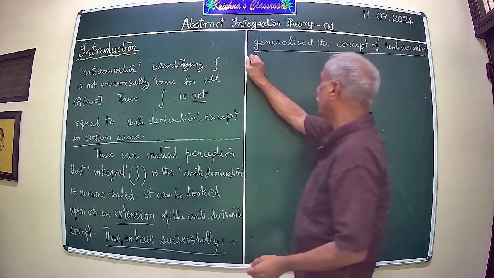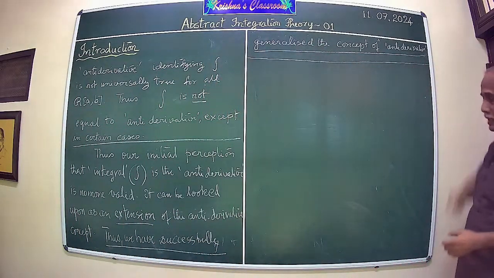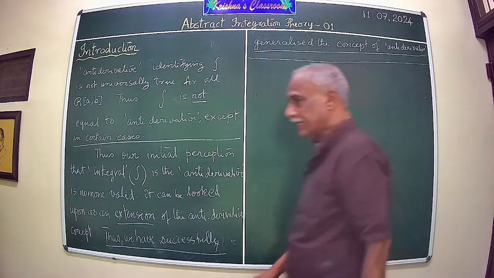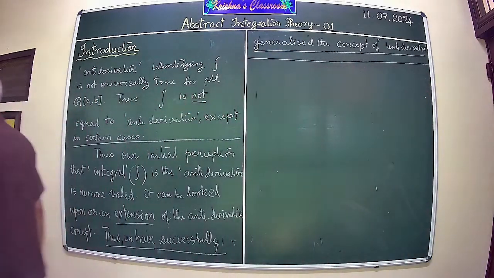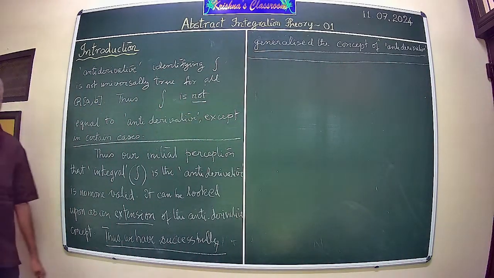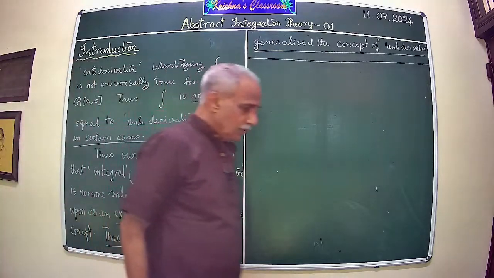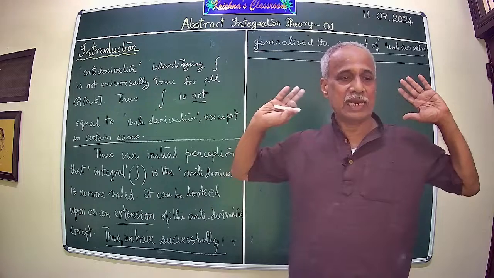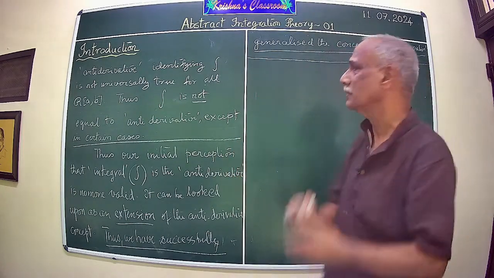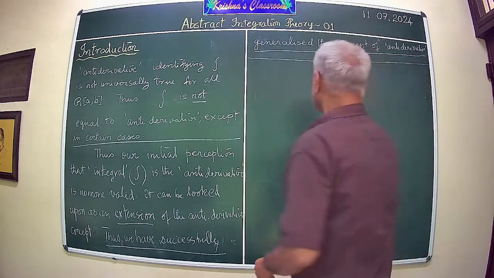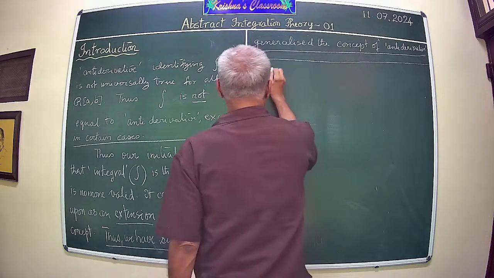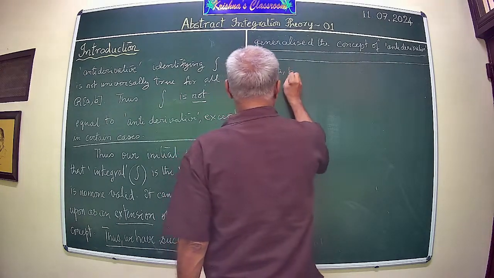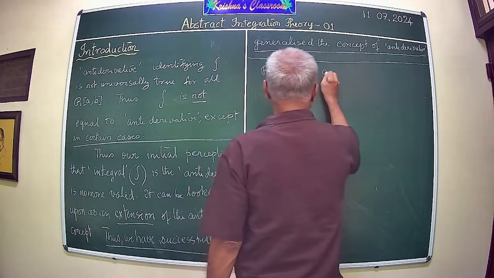Now what next? We go in a different direction. See, meanwhile, mathematical analysis was moving forward, and instead of looking at individual functions, we started working with the whole class of functions. For instance, we found that R[a,b] is a linear space.